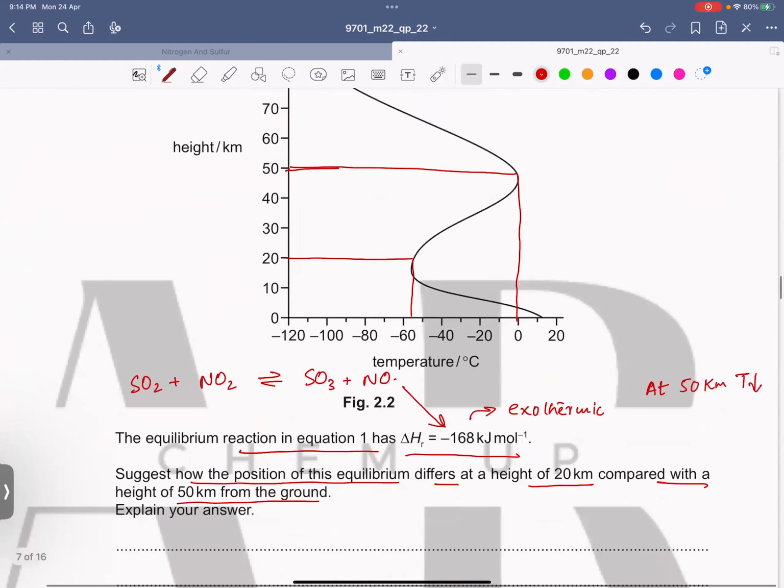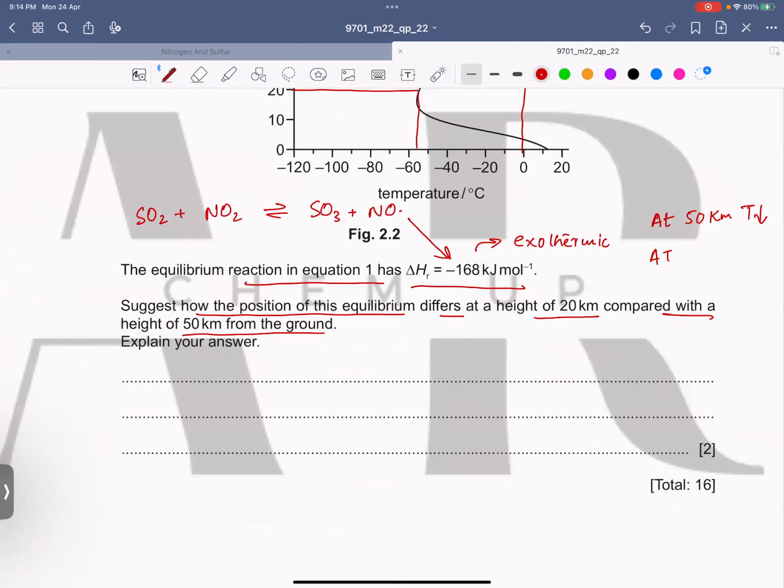The temperature is quite high. What happens to the position of equilibrium when I compare these two heights, with respect to 50 kilometer, at 20 kilometer?